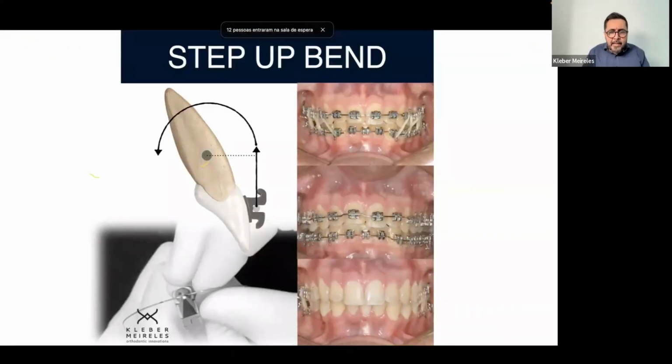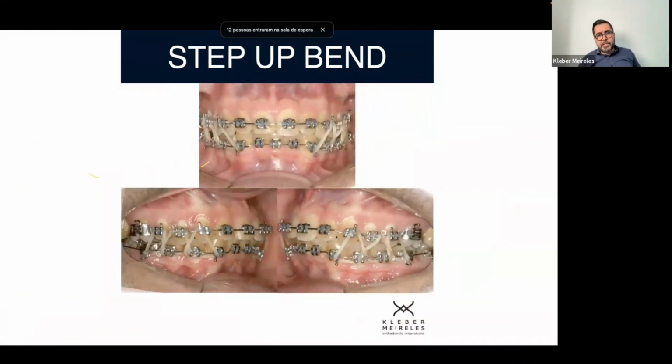And again, another example of one line of action of the force being applied in a simple movement. For example, intrusion. I want to intrude this central incisor because I want the zenith of these two central incisors to be at the same height.